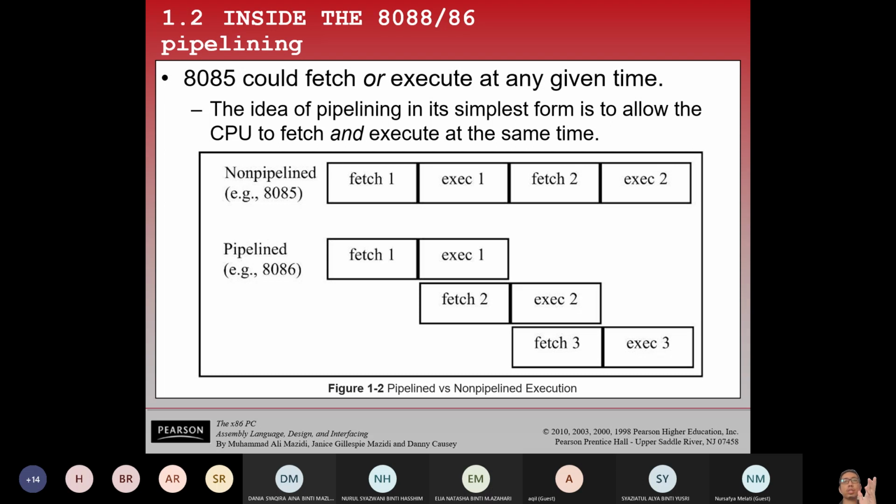During the execution, the second fetch comes, and then the execution of the second fetch is done, and then the third fetch can come. That's how the pipeline technology works, so the fetching and execution can be done in parallel.